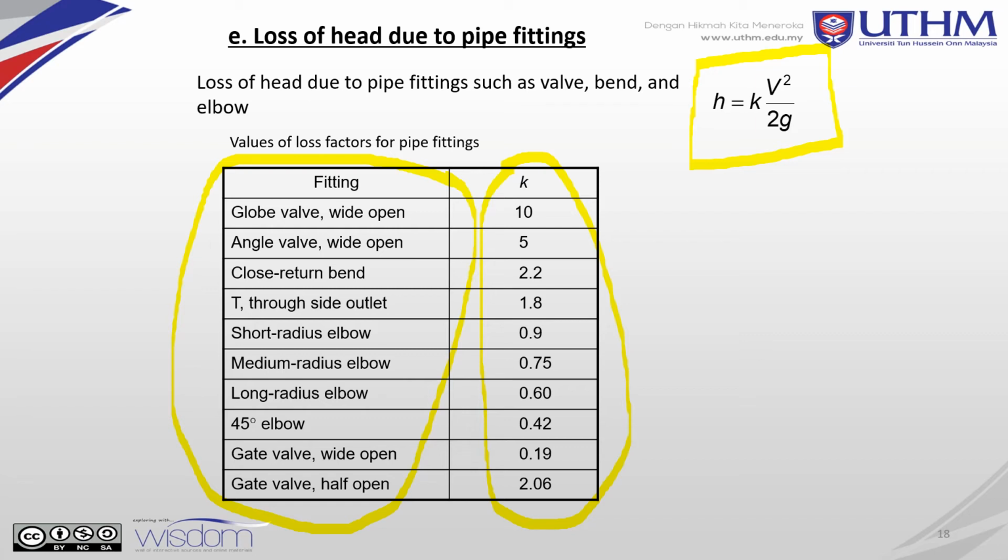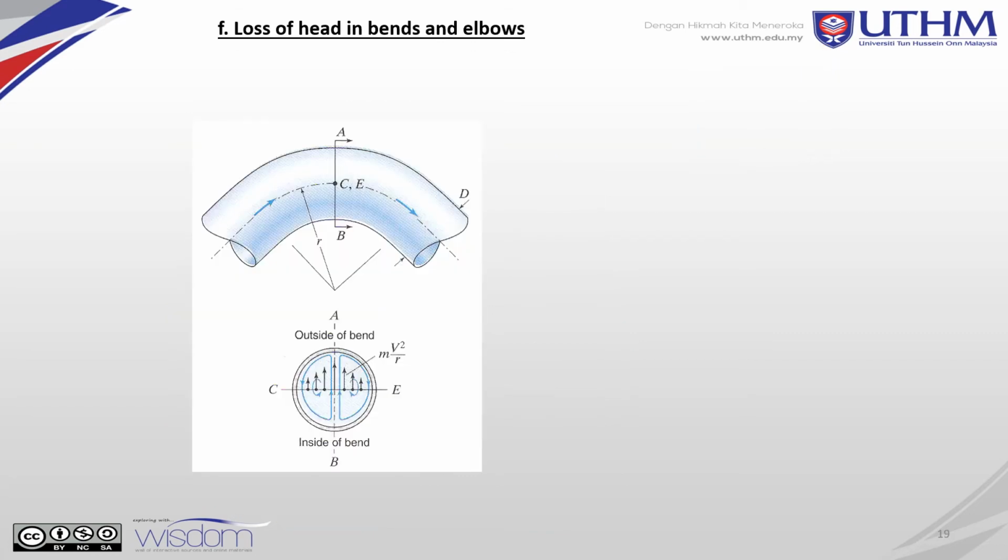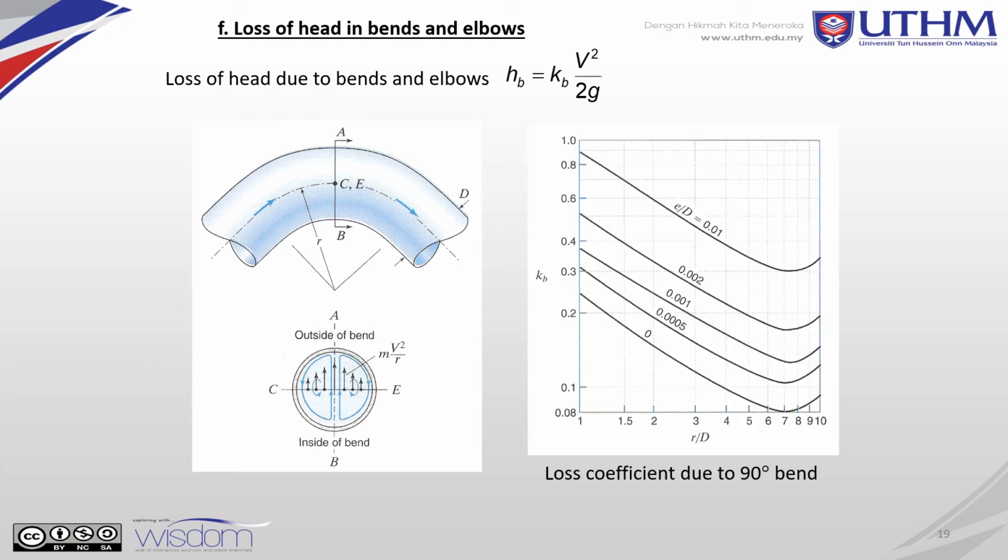When the fitting is an angle valve wide open, K is 5. This is the equation for the pipe fitting. All the values will be given, so it is just theory for you to understand how to use it. Loss of head due to bends and elbows uses HB with this loss coefficient.